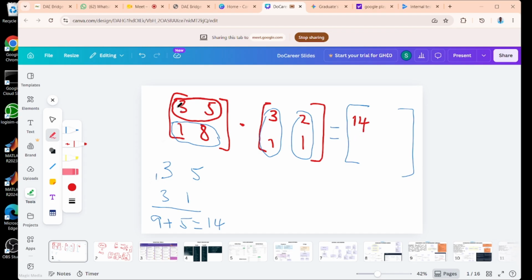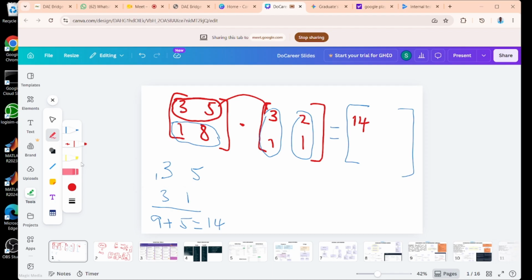So I'm going to do the same thing to find the second element. What happened is that I still have the top row, because I'm finding top row element. You always use it because you are on that row. You use that row of the very first matrix. So 3 5, I'm done using it against this one to find the first one. So I'm going to use this one against the second column.